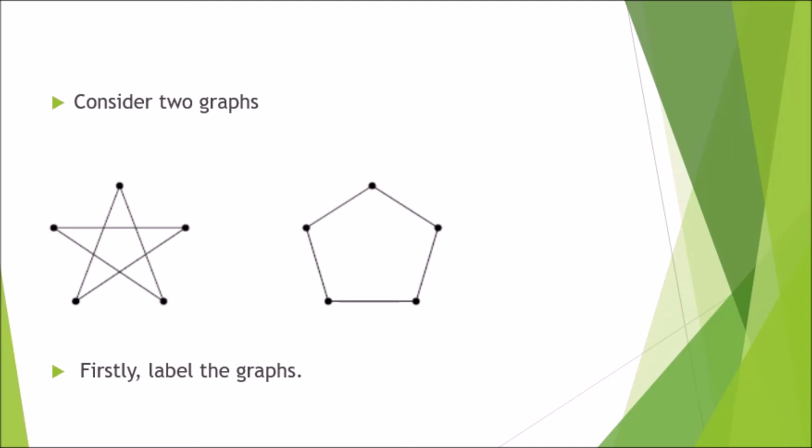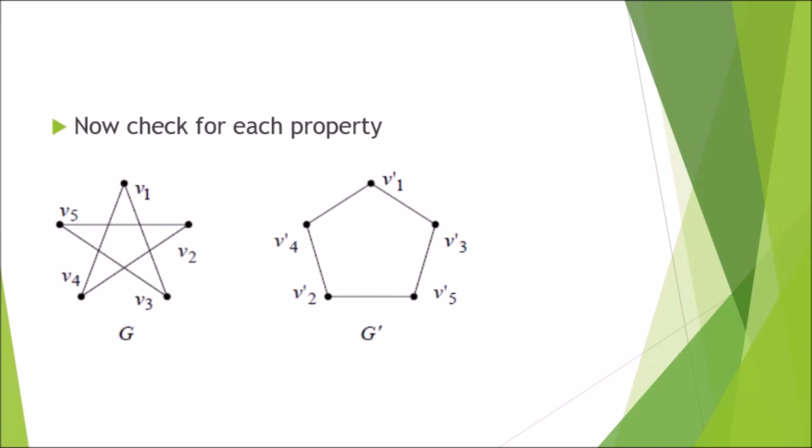Here these are two different graphs. Firstly, we have to label these graphs like this, in which we have labeled them with V1, V2, V3, V4, V5 nodes in graph G and V'1, V'2, V'3, V'4, V'5 in graph G dash. Now let's check the properties of these two graphs.